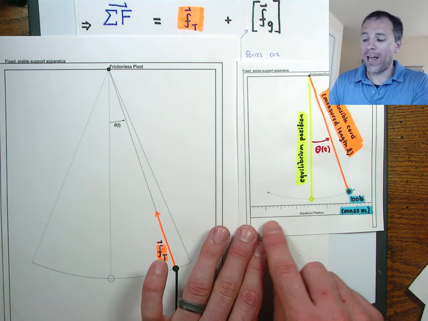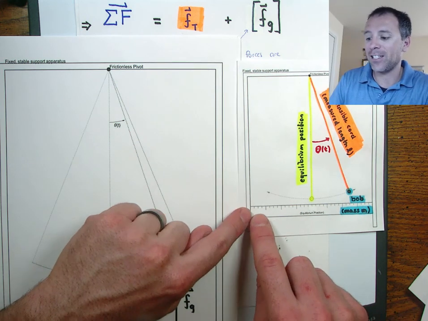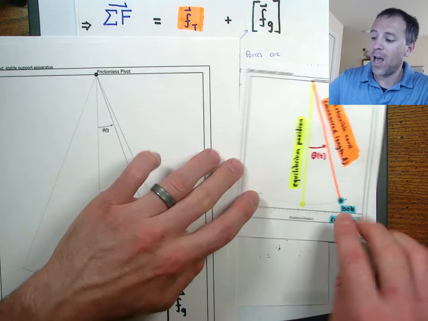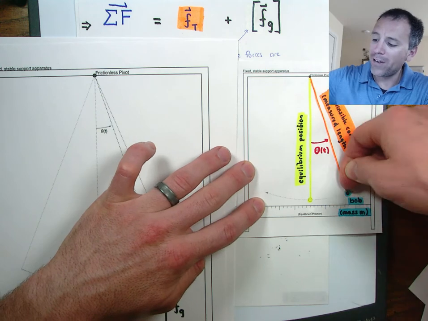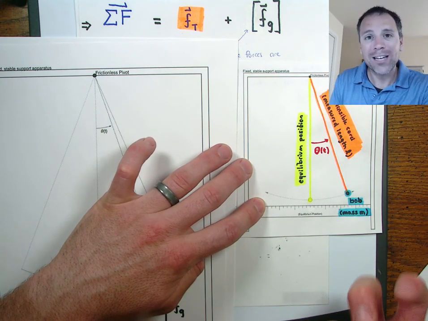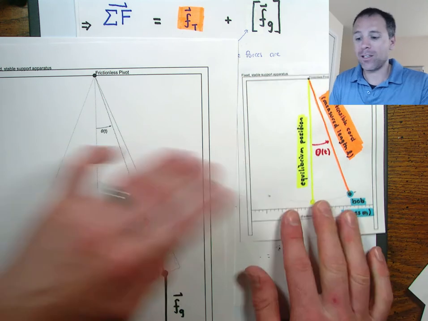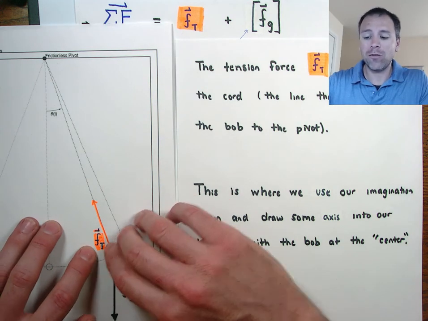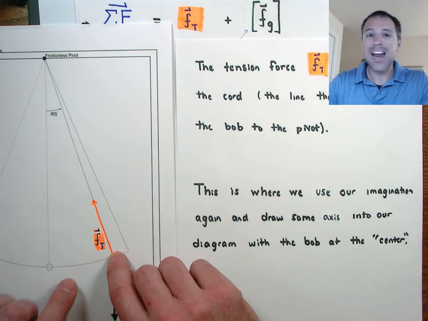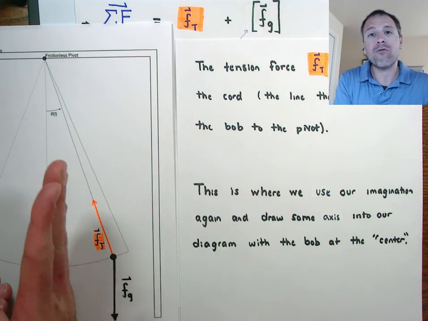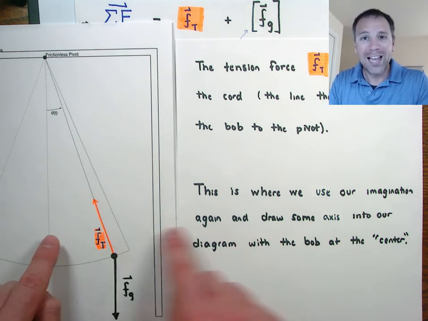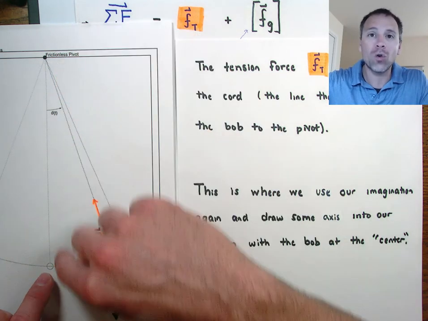In other words, if I say that this is an x-axis and this is a z-axis, the force of gravity acting directly down can be naturally expressed in that frame of reference. This is in stark contrast to the tension force along that chord, because that tension force is not so beautiful when it comes from the frame of reference defined by the horizontal x-axis and the vertical z-axis.